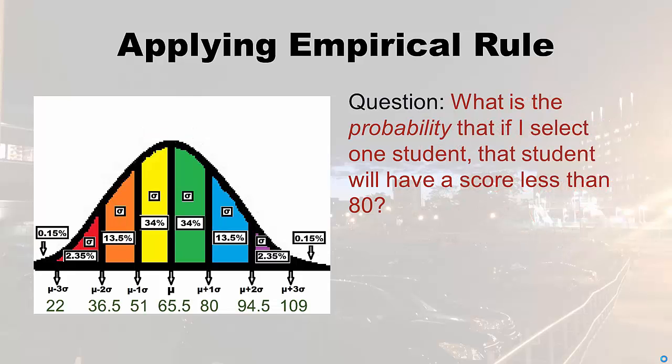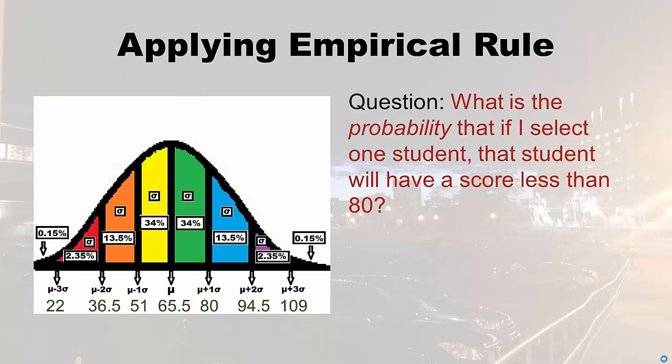Okay, now I'm going to ask a similar question, but I'm going to use different words, okay? What is the probability that if I select one student from this class, that student will have a score less than 80? Okay, so notice I'm using totally different terminology. I'm saying, what is the probability? Yet the actual answer is what you would probably guess, which is where you add up all the percents below 80.